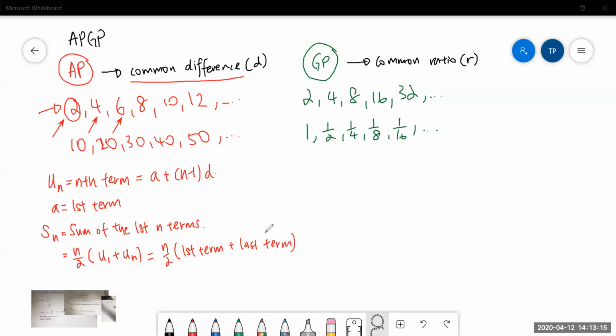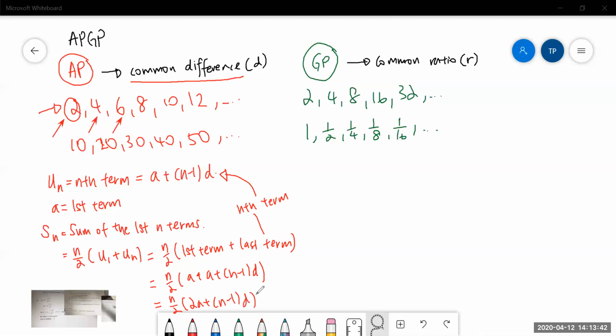How to find the last term, the nth term? In other words, if you simplify this, it becomes n over 2 times 2a plus (n minus 1)d.